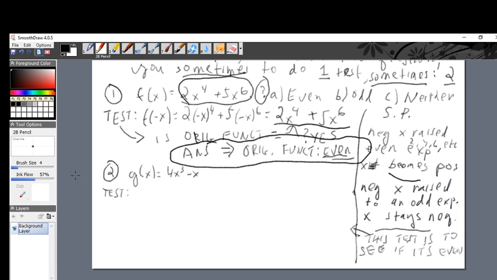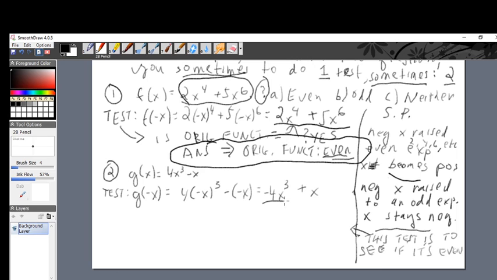Okay, so let's do g of negative x and see what happens. This turns into 4 times negative x to the third power minus negative x. Now, when negative x is raised to an odd exponent, x stays negative. So we have negative 4x cubed, minus negative x is plus x.